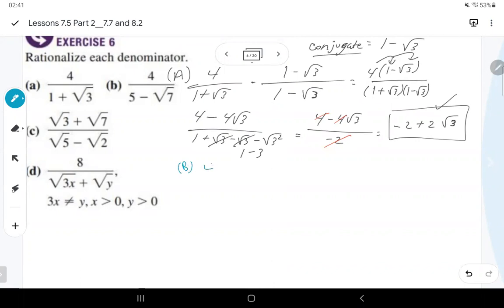So we would have 4 over 5 minus square root of 7. I'm not going to do all the steps this time to try and save us some space. Make sure if you need to know what's going on that you ask.